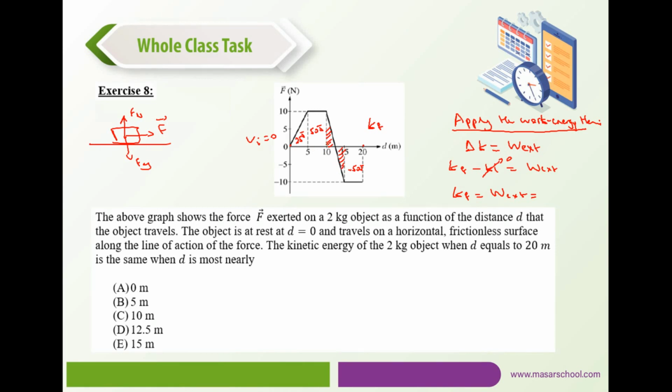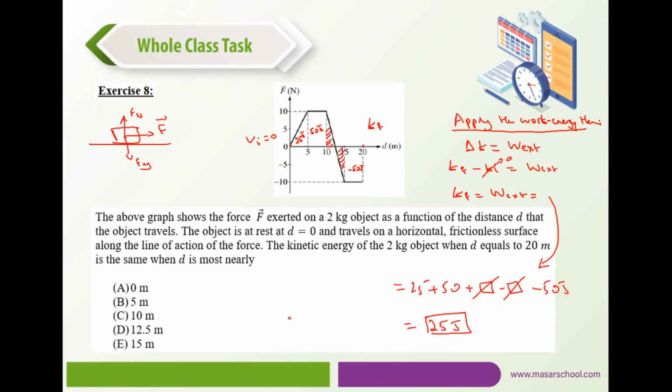So it is 25, plus 50, plus a positive number plus a negative number that cancel for these two triangles, minus 50 joules. So basically it is equal to 25 joules. Then the kinetic energy at d equal to 20 meters is given by 25 joules.